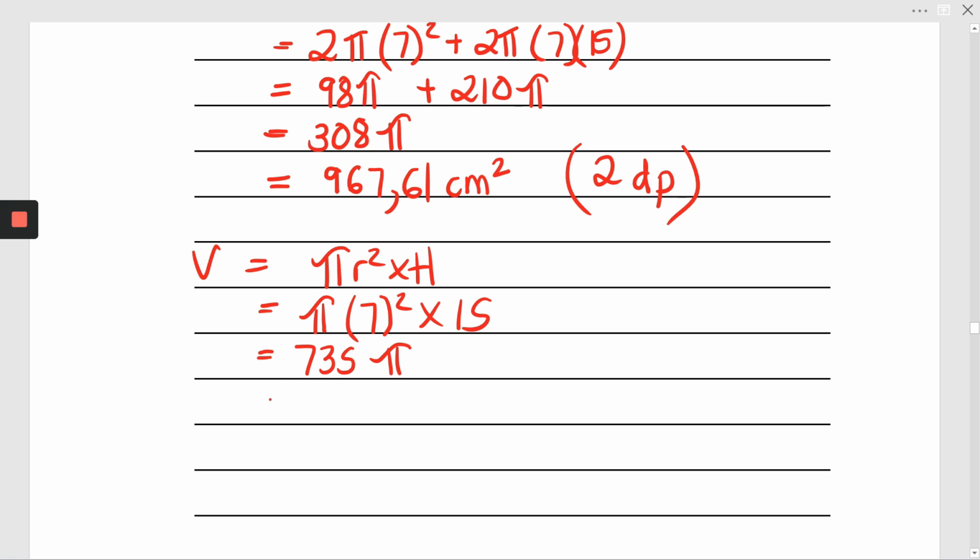We now need to finish that off, and we need to say that that is 2309,07, and its volume, so it's going to be cubic centimeters. You should round off right at the end of your answer, but if you round off as you go, you must show the rounding off, and that way we can follow your logic all the way through to the end.